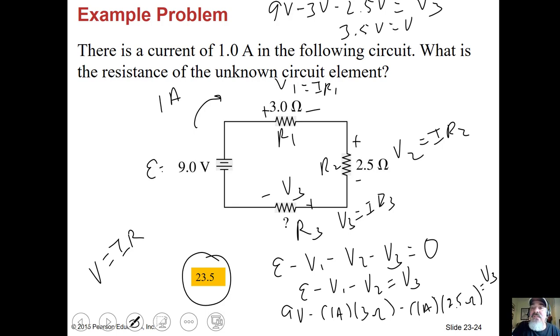Okay, so that's the voltage drop across R3. Okay, so 3.5 volts, you know the current, so you can figure out what R3 is then. I'll leave that part to you, but you have V3, this is 1, you can figure out R3. Turns out to be 3.5 ohms, right? So 3.5 volts would be equal to 1 times something.